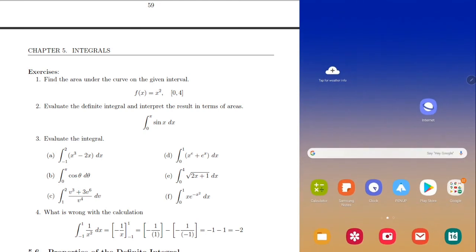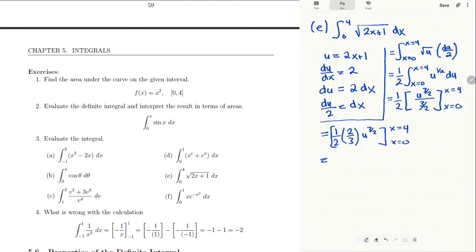And we can substitute back our original variable. So u was equal to 2x plus 1. So we have 1/3 times 2x plus 1 to the 3/2, and we evaluate this at the endpoints of 4 and 0.